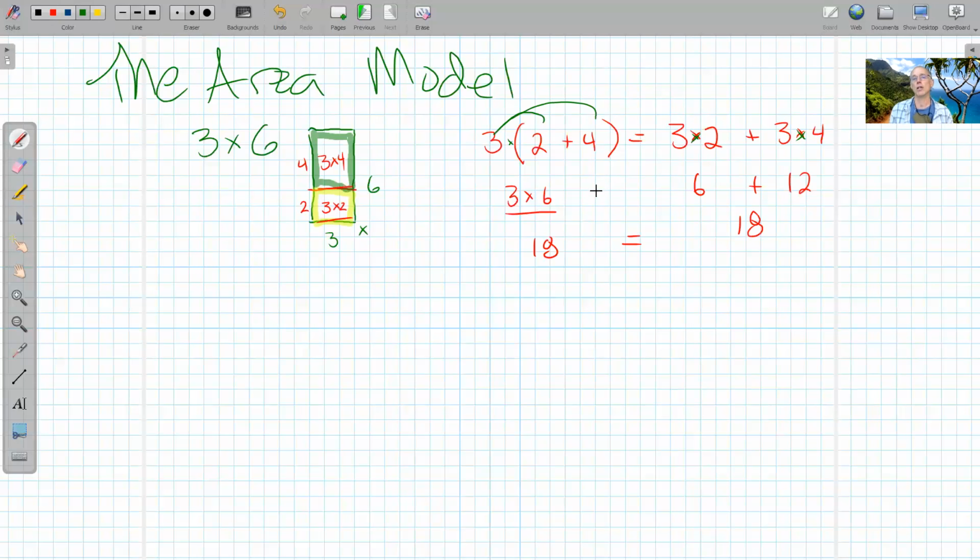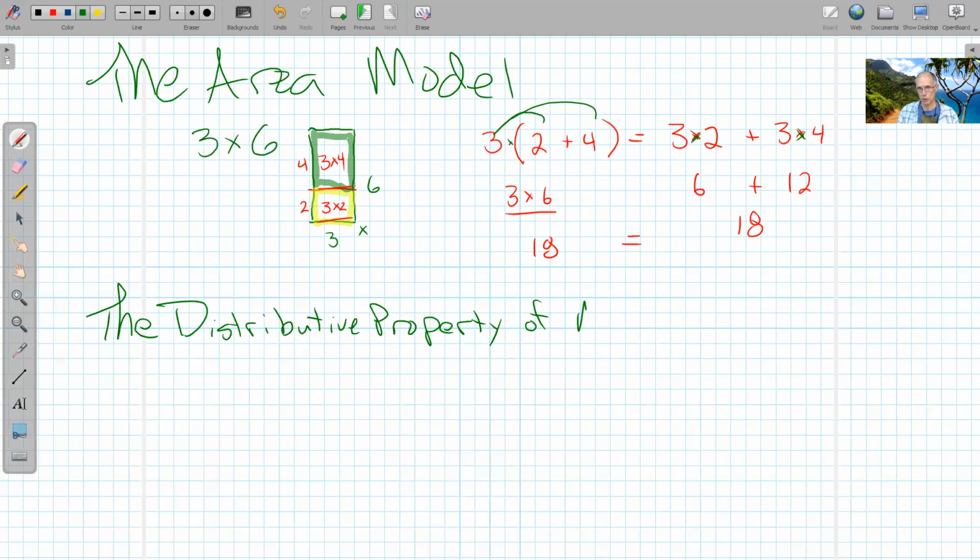So the area model shows why we get to distribute with addition. Sometimes we just call it the distributive property, but it turns out there are many distributive properties. This one is called the distributive property of multiplication over addition.